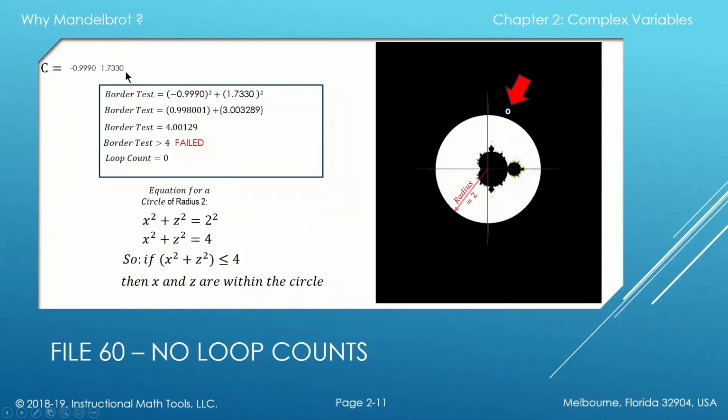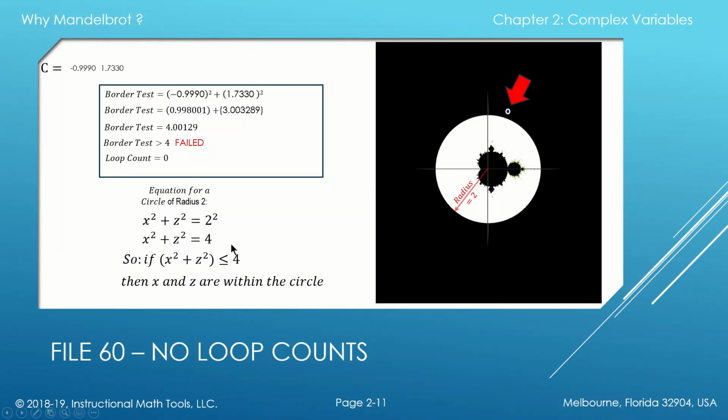It got fed into it. The recursive formula did a border test. The border test failed, and the loop count was reported out as 0, which is undefined, and so this point was rejected. It wasn't even looped. It was rejected.